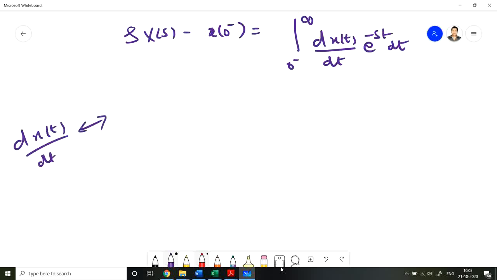The Laplace transform of dx(t) by dt is sX(s) minus x(0-), using the definition of the Laplace transform.